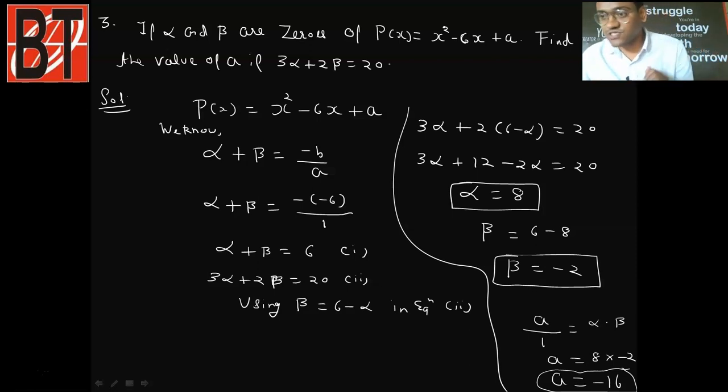Okay, now students, let's have one more question. Before that I would like to tell you some identities, because I will be using the identities in the questions. So let me just give you the identities.